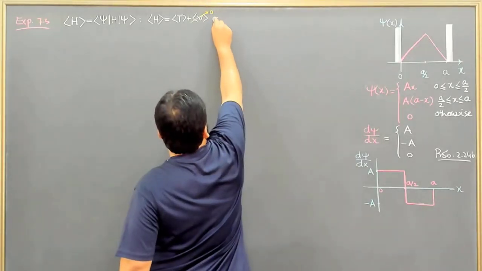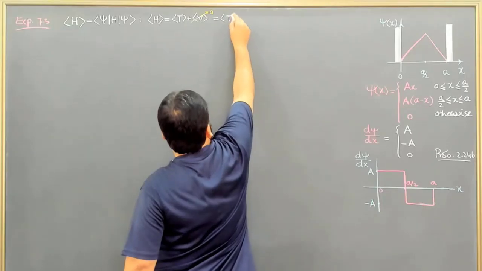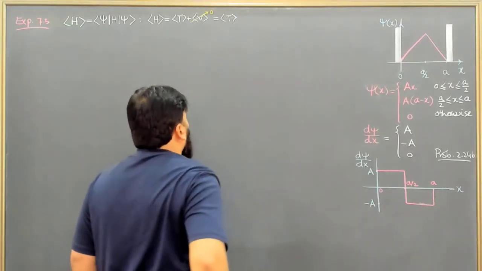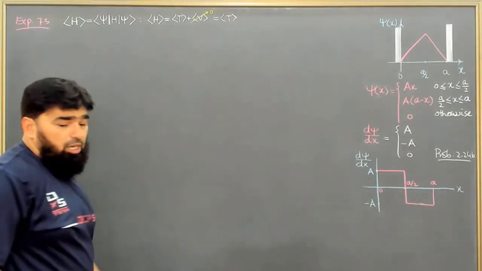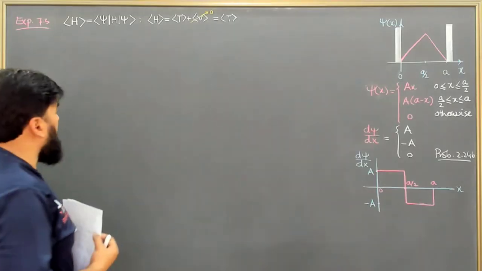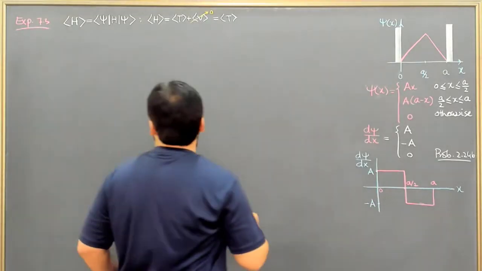So if we find only the expectation value of the kinetic energy, it will be the Hamiltonian or the total energy of this system.